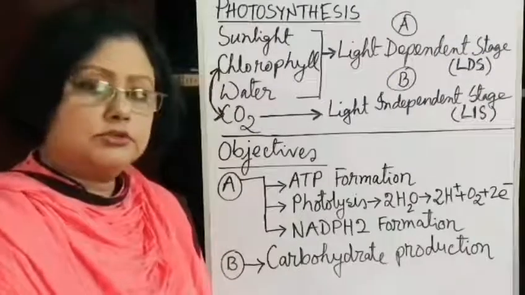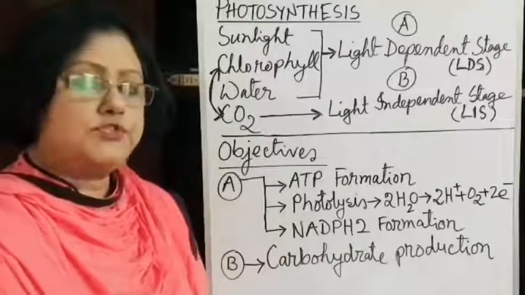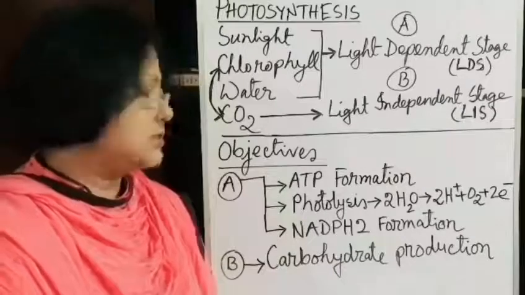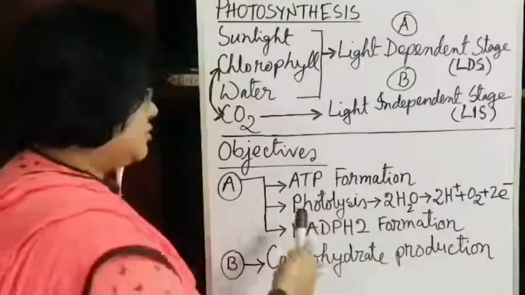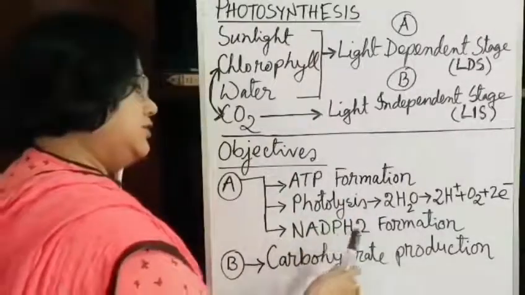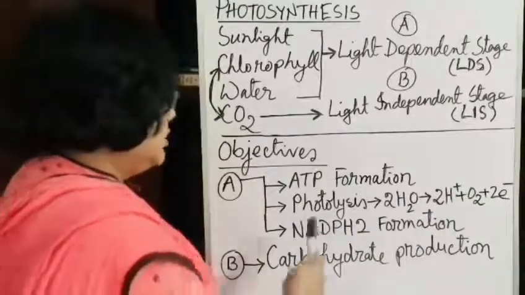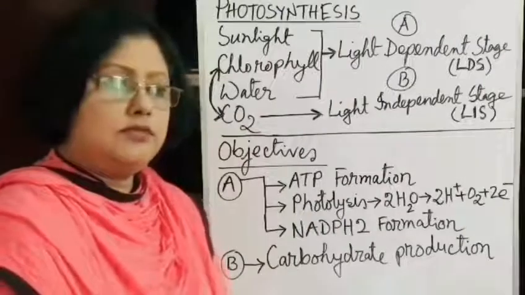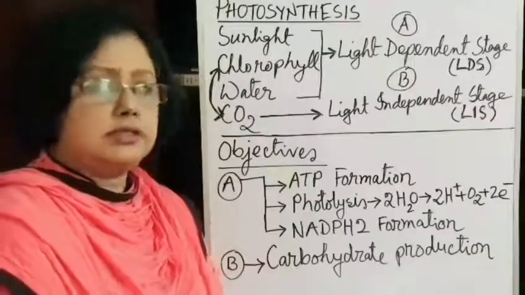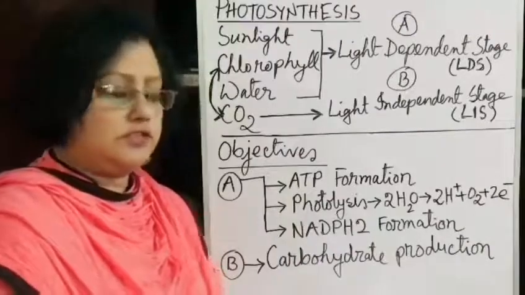Now come to the next point. What are their objectives? The objectives of the light dependent stage are ATP formation, photolysis of water and NADPH2 formation. Now come to the first point. What is ATP formation? ATP is a kind of energy coin in plants and animals, and its full form is adenosine triphosphate.